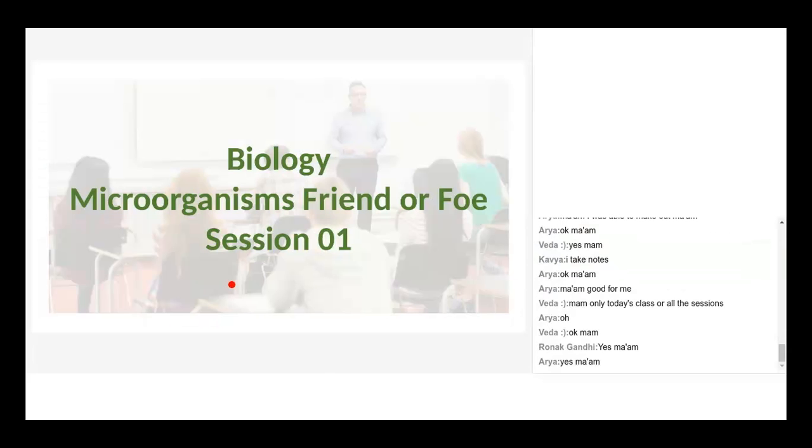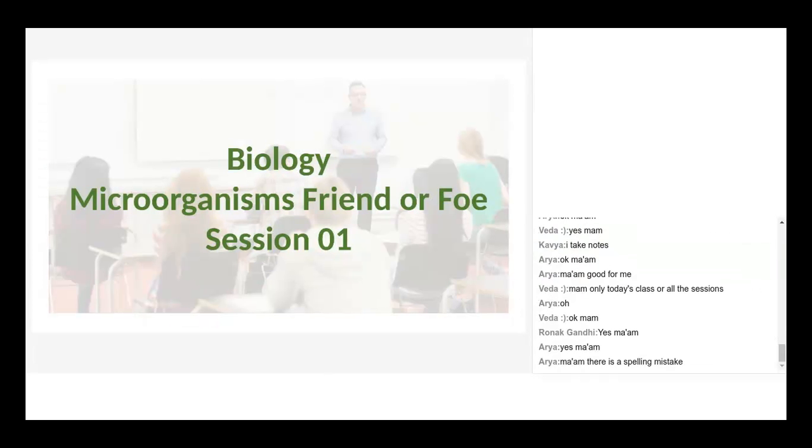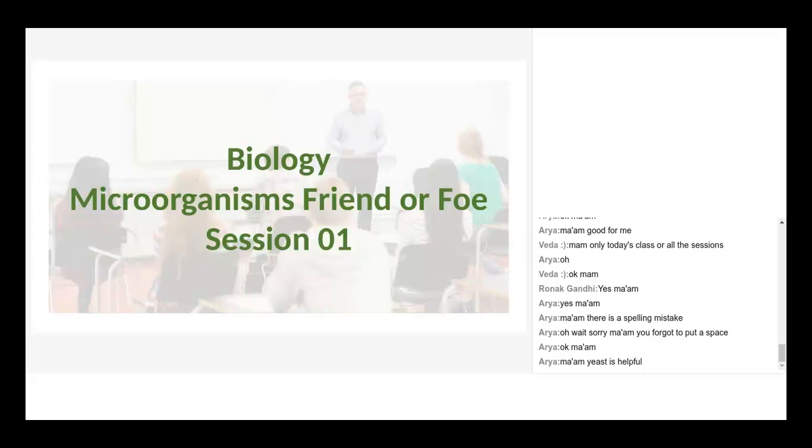When you take the microorganisms, there are various roles microorganisms are playing in the whole environment. They can be friendly to the environment or they can be enemies to the environment. I'm using the word environment. Environment includes everything.